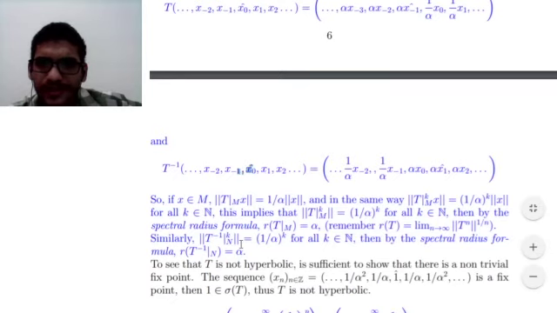When you take an x in N, you will have that this is 0, so you will stay in the left side and you will be multiplying by 1 over alpha. So this is the same computation. You have this, and by the spectral radius formula, I make the same mistake because I copy and paste here. So this is 1 over alpha, which is less than 1.